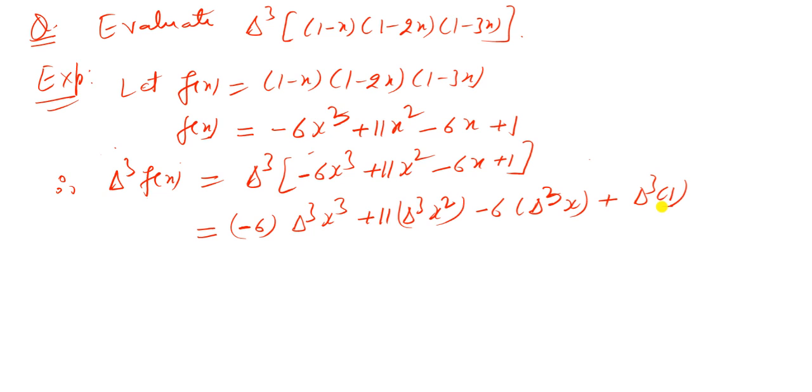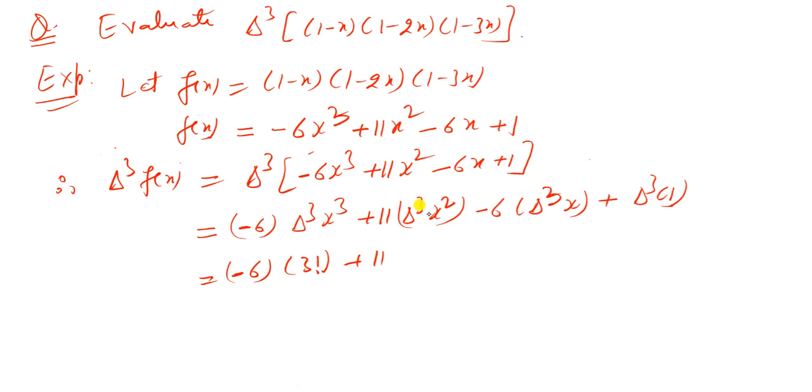According to the statement of the differences of a polynomial, Δ^n x^n is equal to n!, so this is -6, here n is equal to 3, so 3 factorial, plus 11.